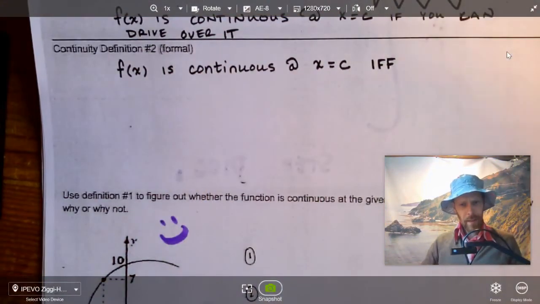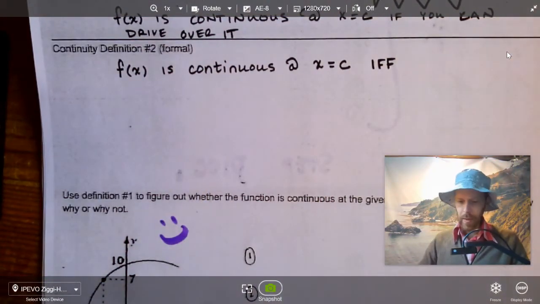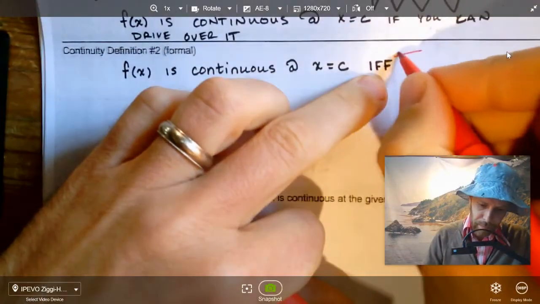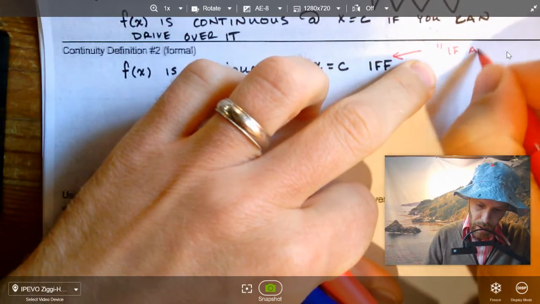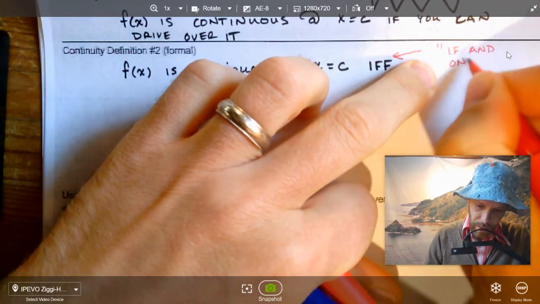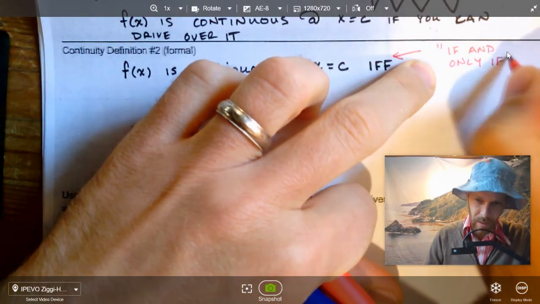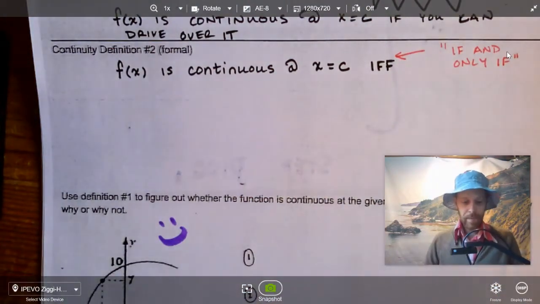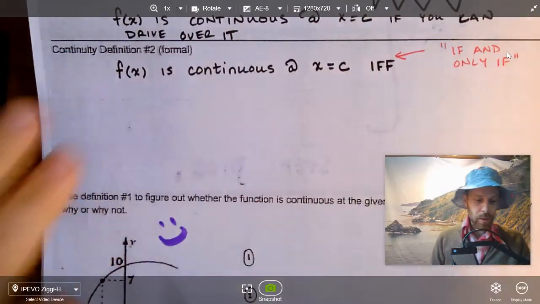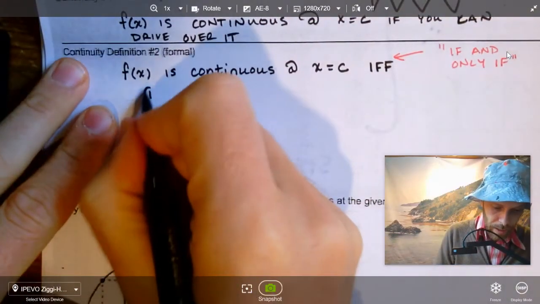Have you seen IFF before? IFF means if and only if. Mathematicians are lazy. They don't like to write, so we just write IFF. And it's continuous only if it meets these three conditions.